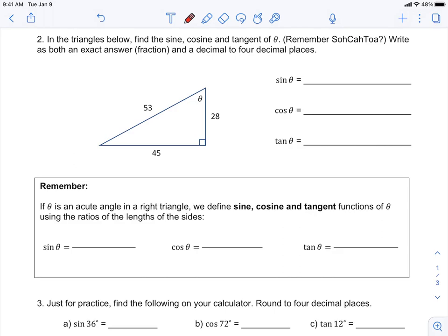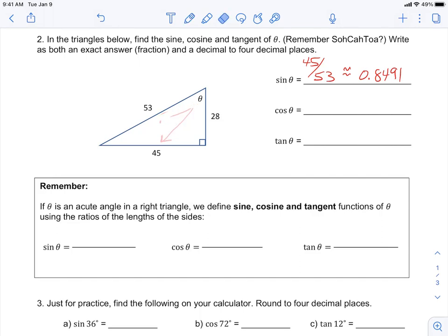So for instance, in this particular problem, sine is the opposite over hypotenuse. And so going from angle theta, the opposite side is 45. The hypotenuse is 53. So the sine would be 45 out of 53, which is approximately 0.8491.